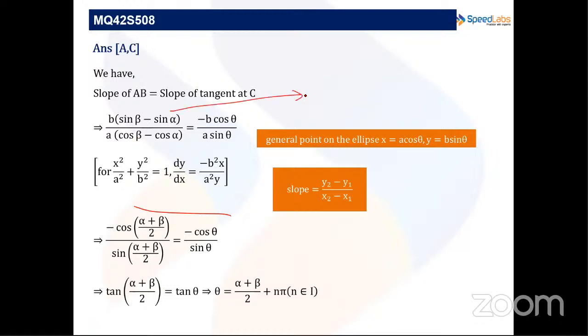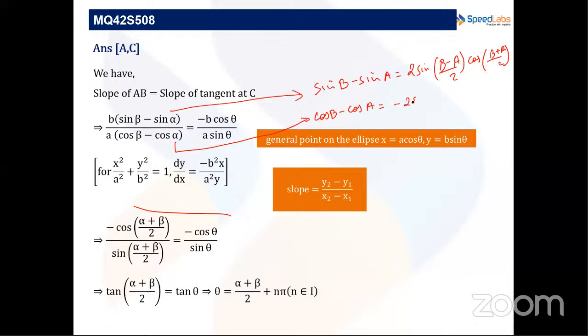Here we have applied the basic trigonometric properties: sin B minus sin A equals 2 sin of (B minus A) by 2 into cos of (B plus A) by 2, and cos B minus cos A is minus 2 sin of (B minus A) by 2 into sin of (B plus A) by 2.